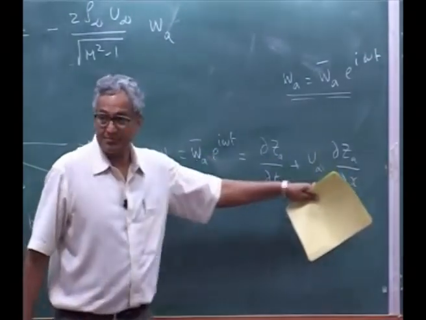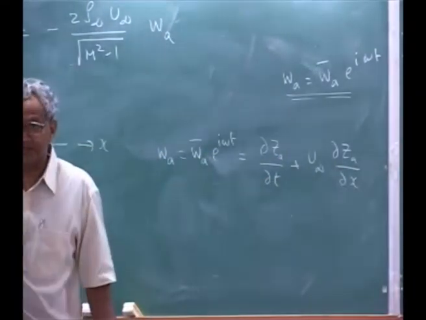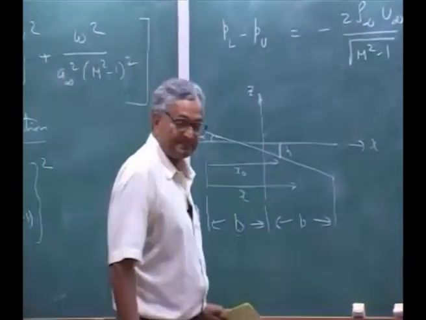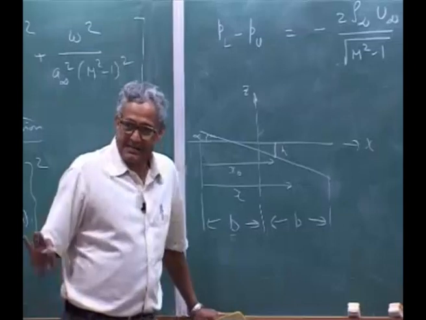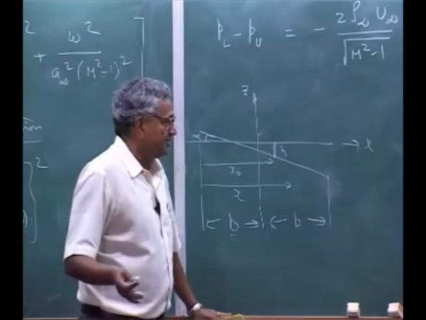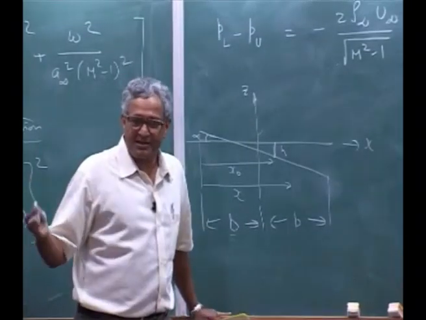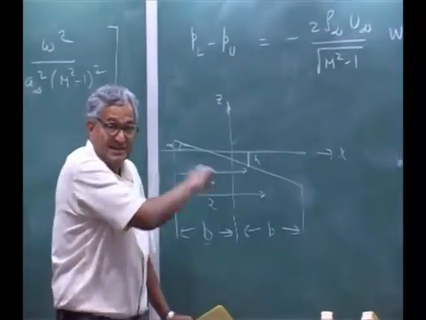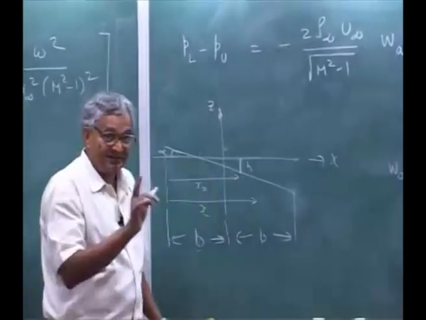This is what, if you look back, your boundary condition. Now, what is ZA? ZA is the displacement of the surface, because this is a thin line. Now I am taking a straight line.